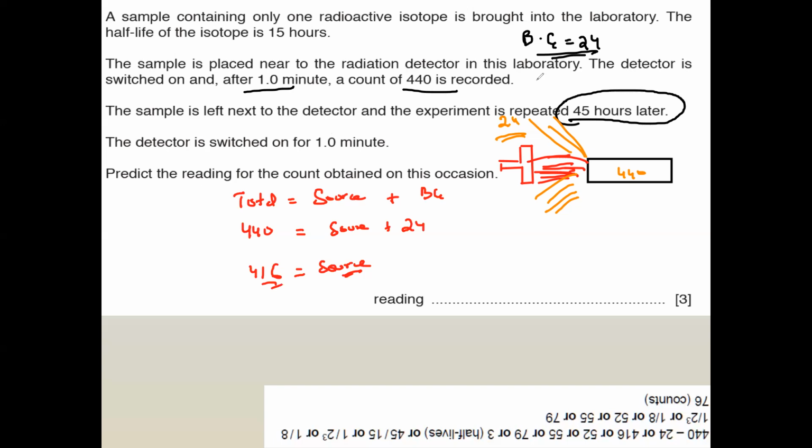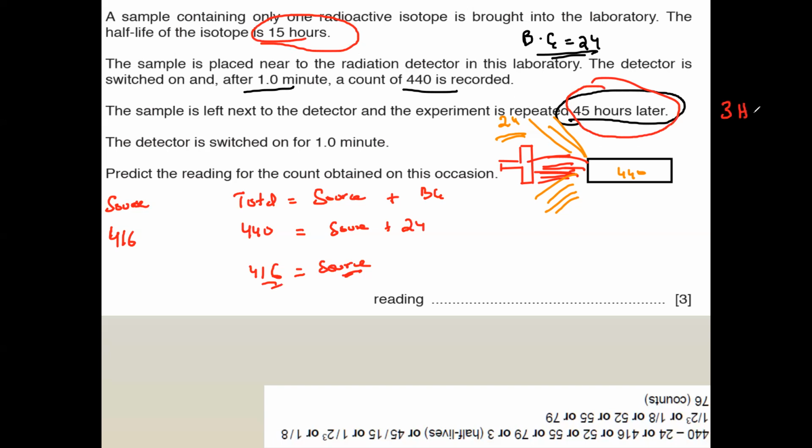So first, as mentioned, the half-life is 15 hours and we want to find the detector reading after 45 hours. Right now the radiation from the source is 416. So 15 hours, and we want to find 45 hours.